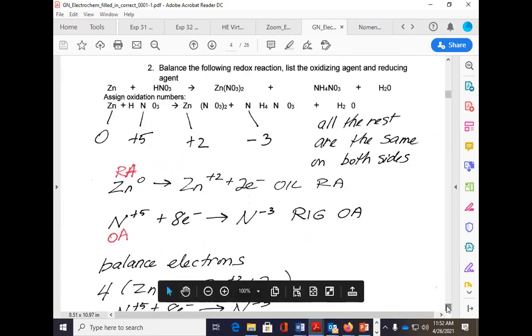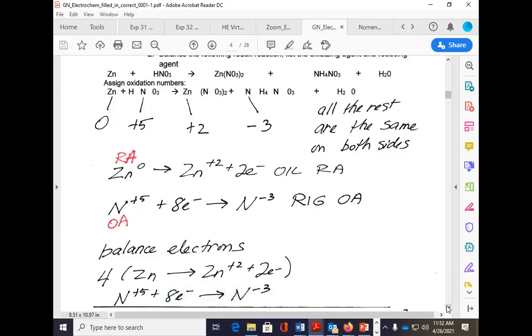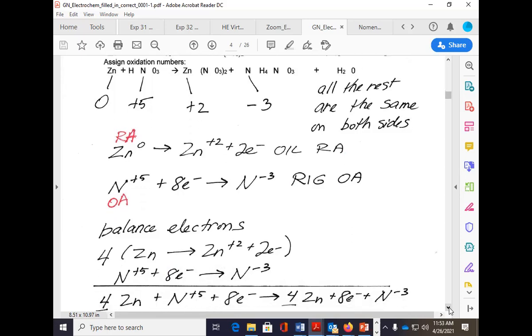Then we're going to do our balancing electrons. Multiply by 4, that will give us the 8 electrons. Do our distributive property.